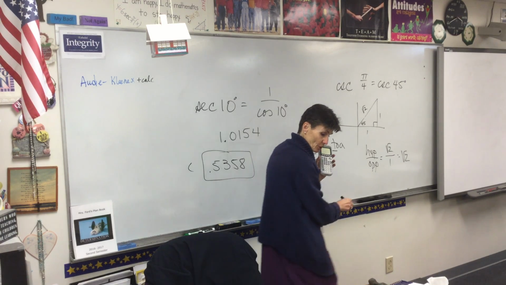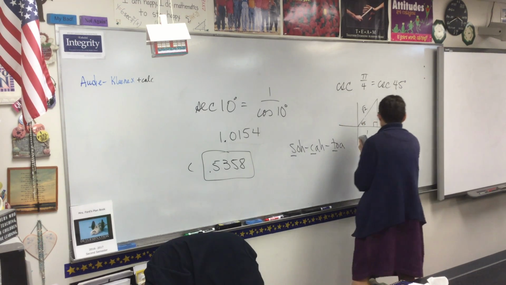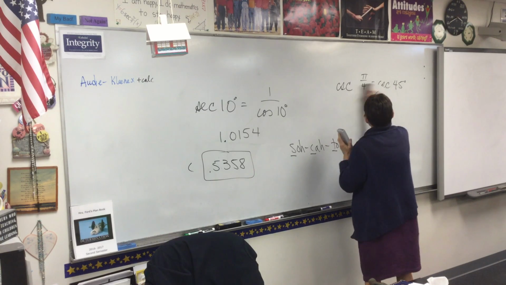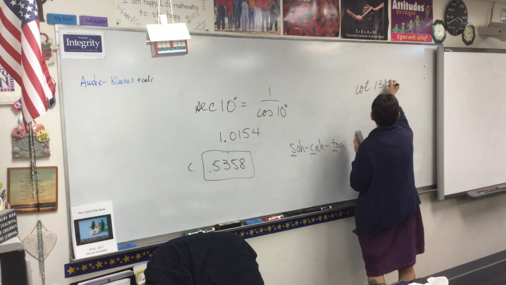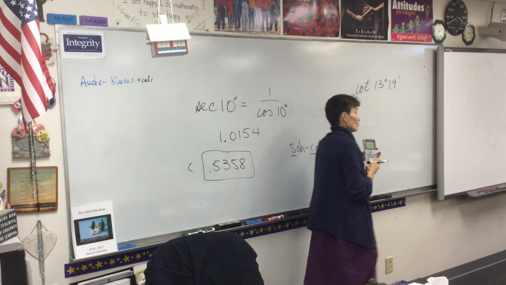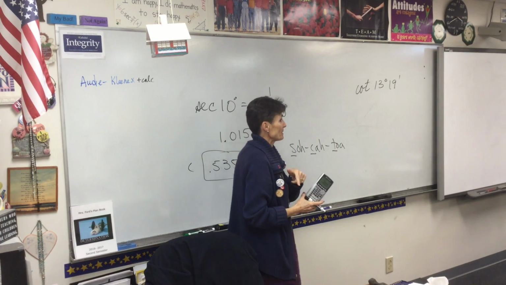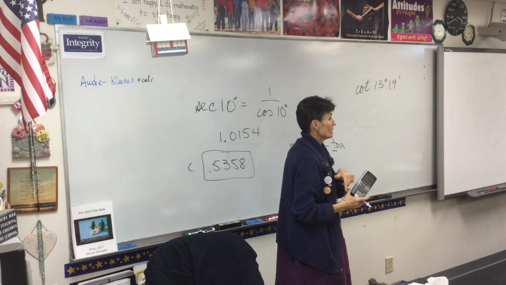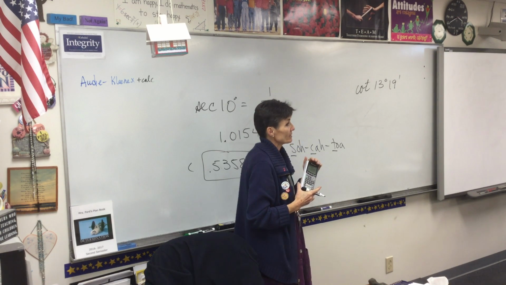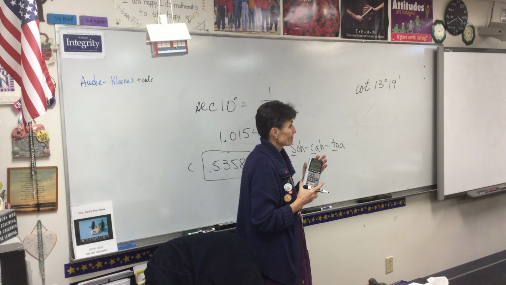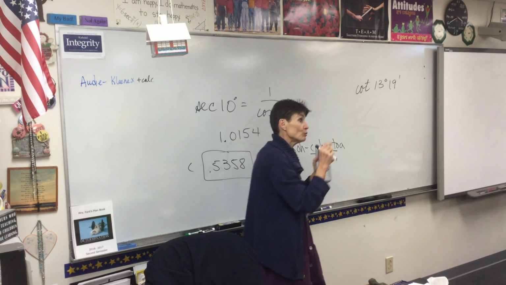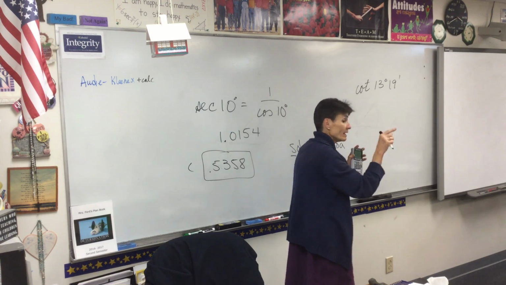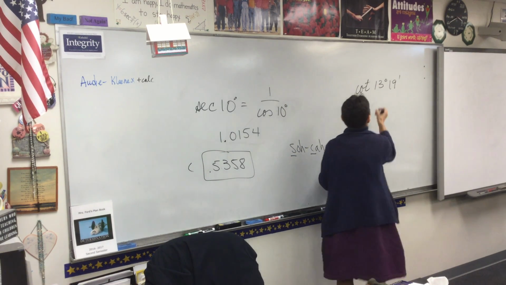E, cotangent 13°19'. Now we're going to type in 13 19 the same way we typed in 28 11 a minute ago, but I don't have a cotangent button. So you gotta do what, Mason? I don't do tangent, I do 1 divided by tangent. Yep.